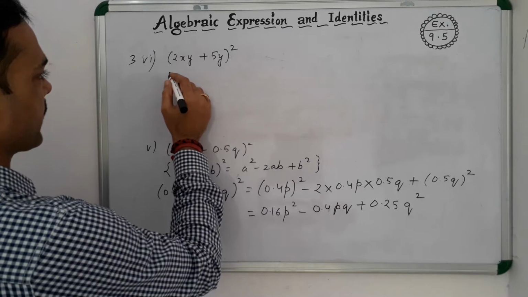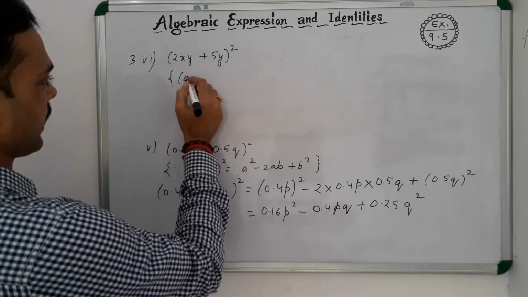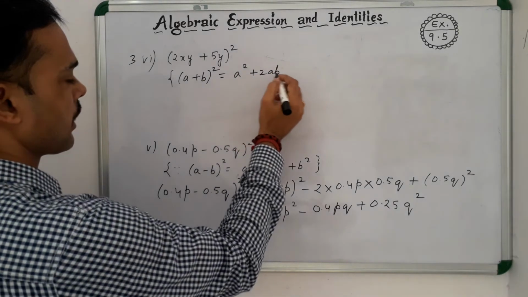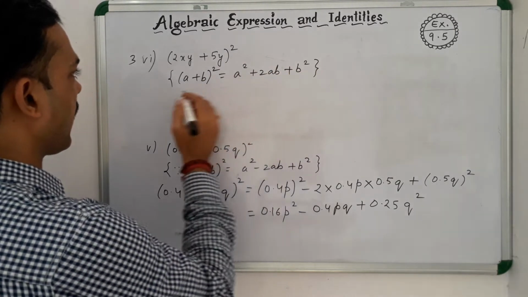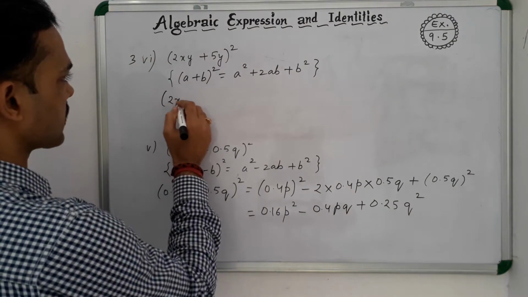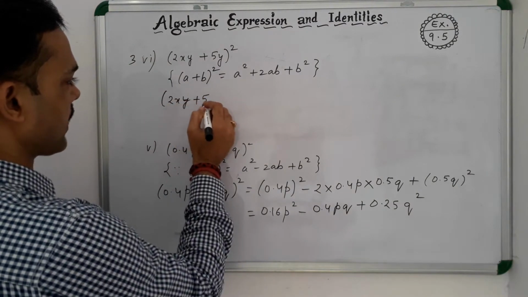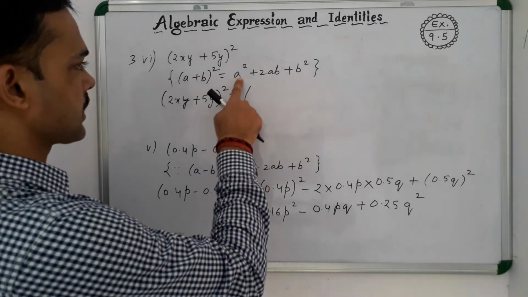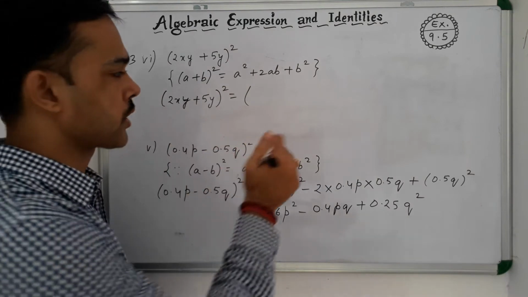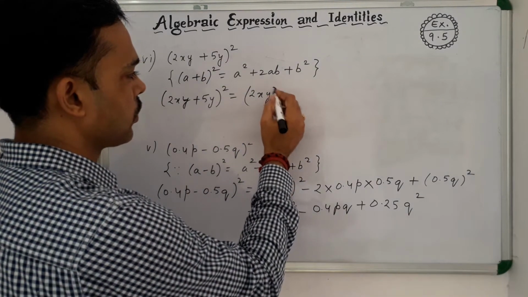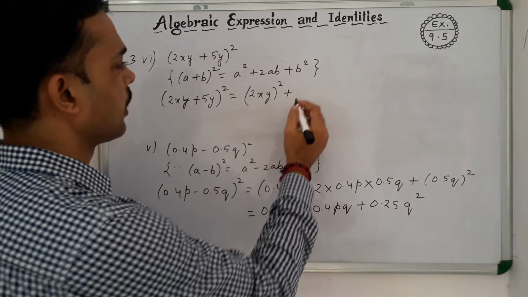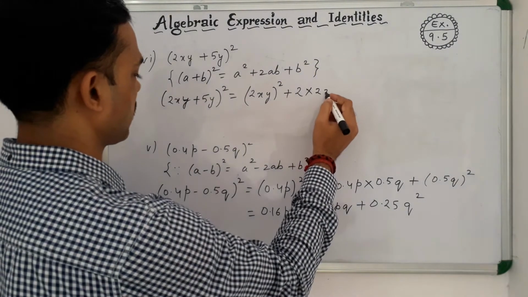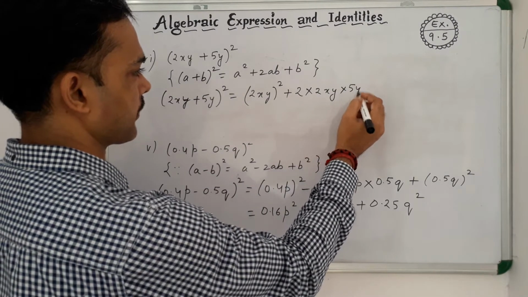So (a plus b) whole square equals a square plus 2ab plus b square, and that is why (2xy plus 5y) whole square will be equal to a square, at place of a we have got 2xy, so (2xy) whole square, plus 2ab, a is 2xy, b is 5y.